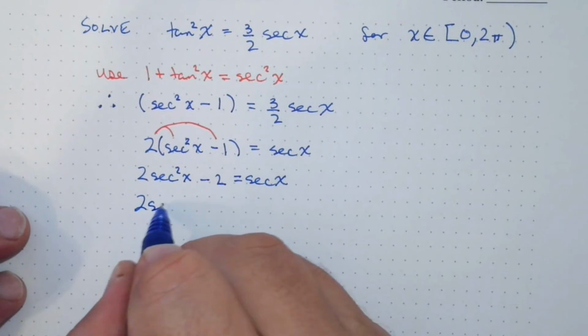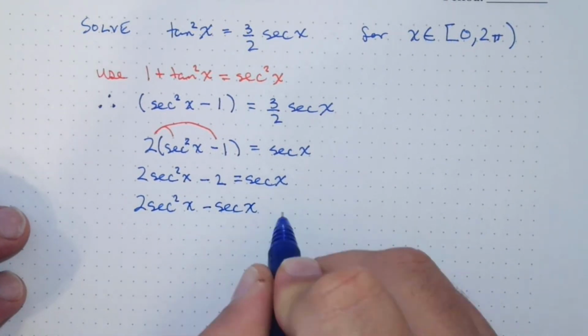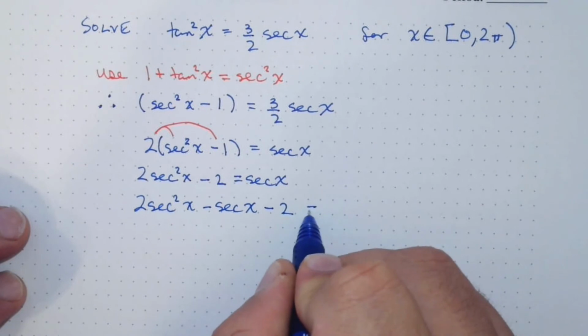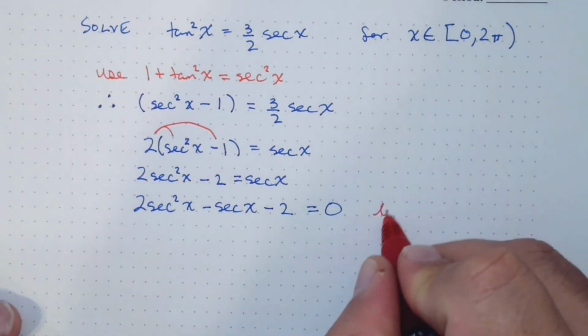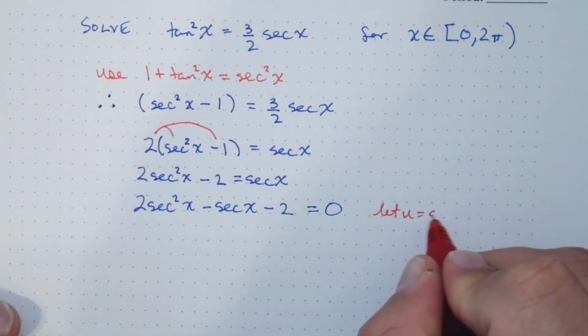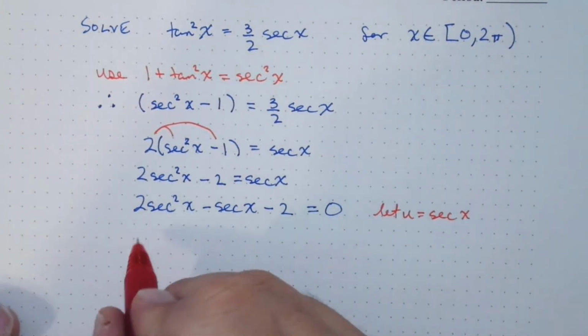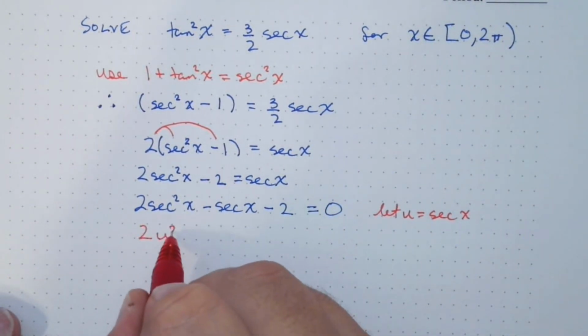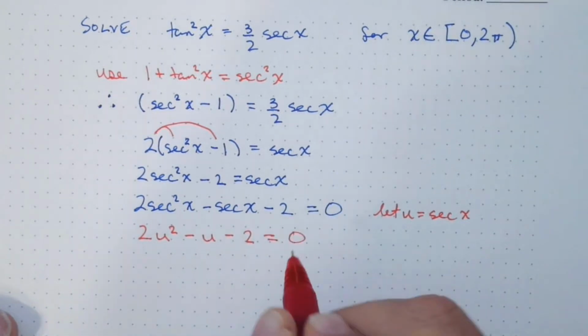So 2 secant squared of x minus 3 secant of x minus 2 equals 0. What might I choose for my substitution? Let u equal the secant of x. Now I have this quadratic form: 2u squared minus 3u minus 2 equals 0.